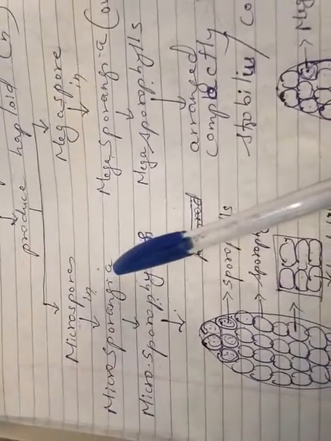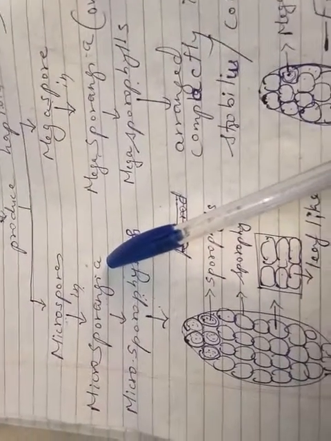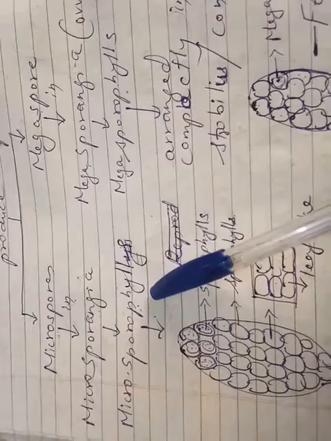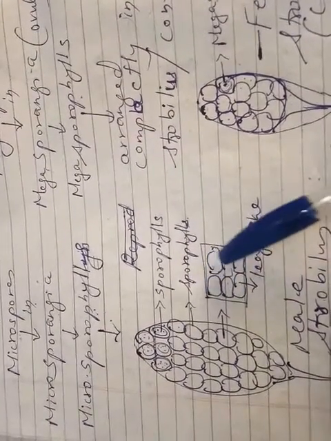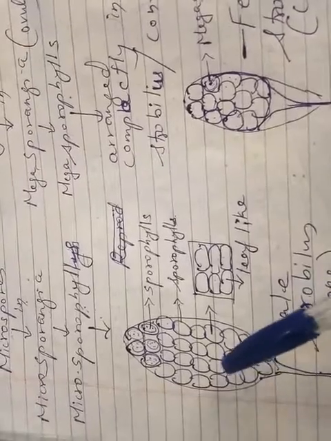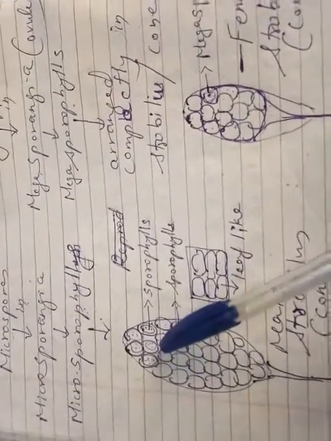These microsporophylls are leaf-like structures arranged to form the cone.